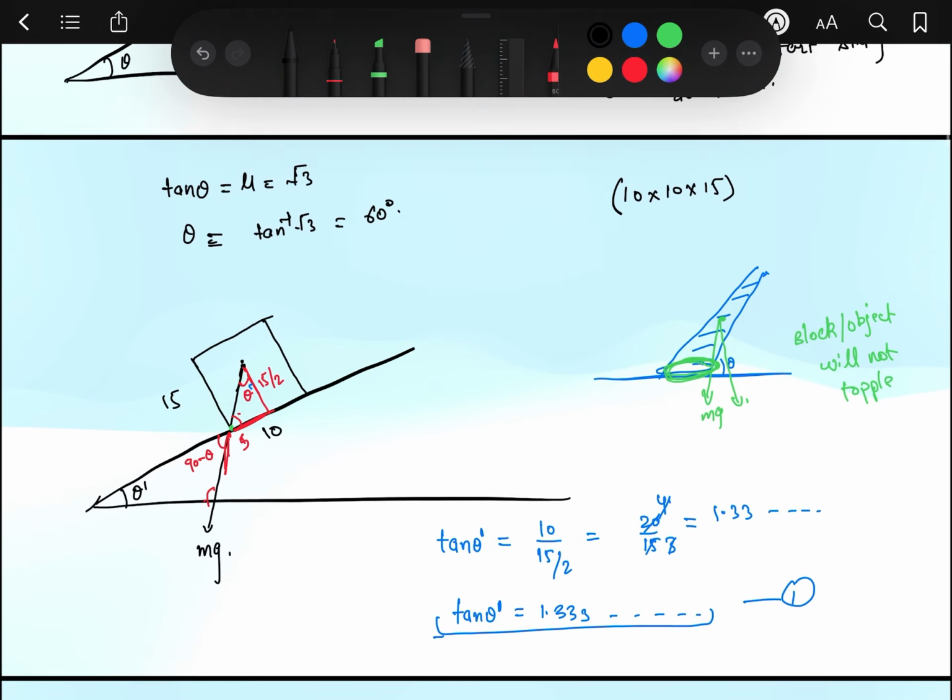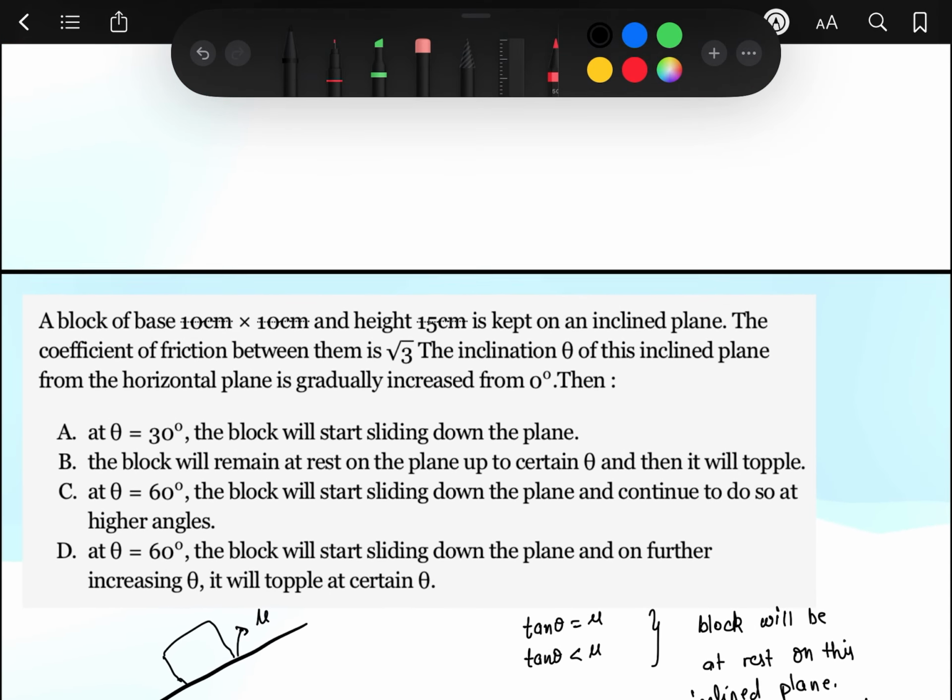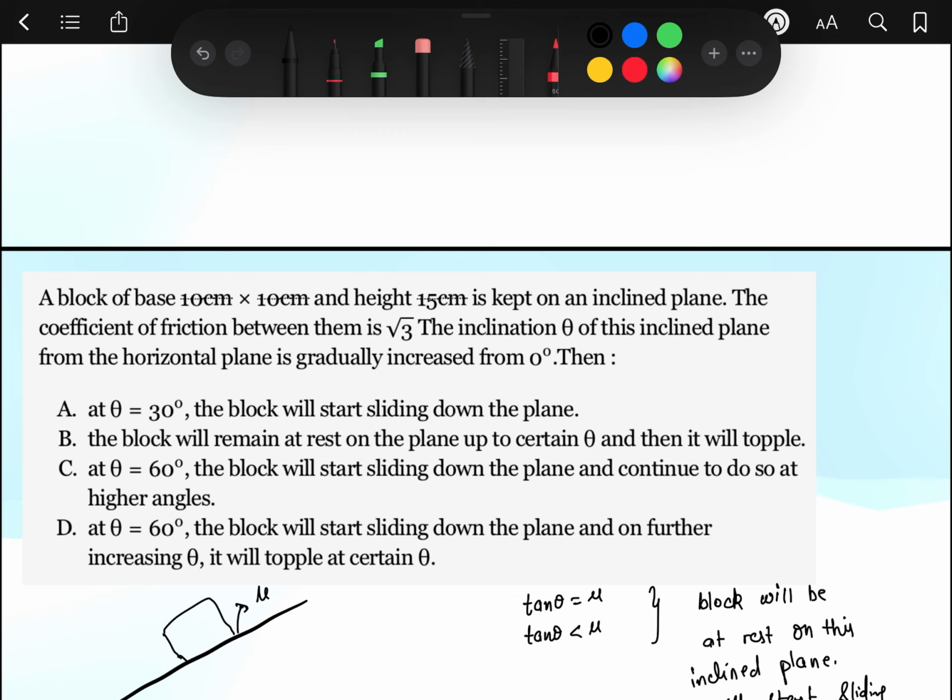So what are the options given here? At theta equal to 30 degree, the block will start sliding down the plane. It is not correct actually. Tangent theta is equal to root 3, so theta will be 60 degree.